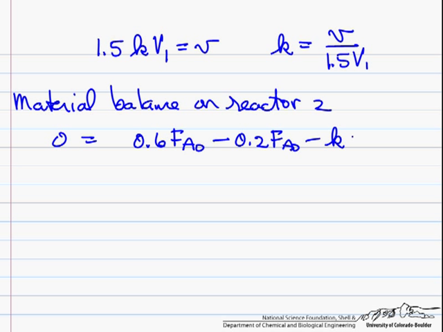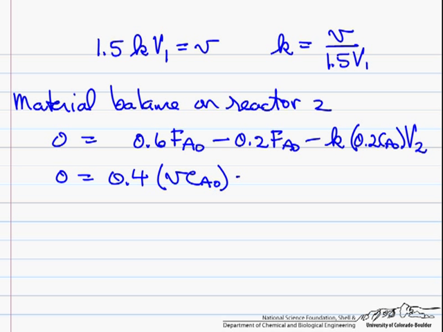Rate constant, and now the concentration, as we mentioned, is 2/10 CA0, and now it's the volume of reactor 2. Again, we can rearrange, and let's just go ahead and make the substitution. The flow rate is the volumetric flow rate times the concentration. And this is 0.2 k CA0 times V2.